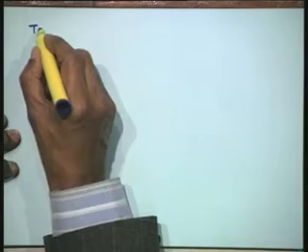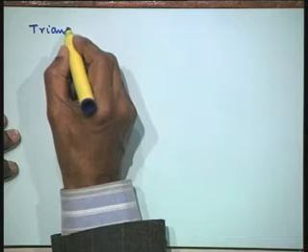Now, I will just give a brief introduction of that; we will take the derivation next time. Those methods are called triangularization. There are a number of names for it.